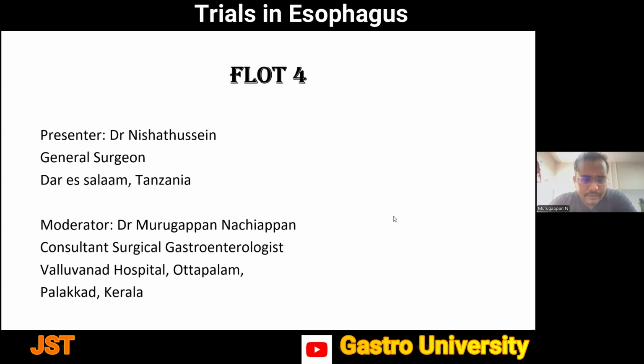There are 2 landmark trials which form the basis for the discussion today, and which have shaped the management of esophageal cancer. The first of which is the MAGIC trial, which was done in 2006 from the UK, which looked at the use of perioperative chemotherapy along with surgery versus surgery alone.